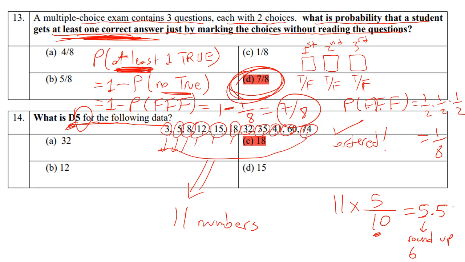So it means D5 is the 6th number here when you order them. Let's look here: 1, 2, 3, 4, 5, 6. So 18 is D5. So it will be 18.